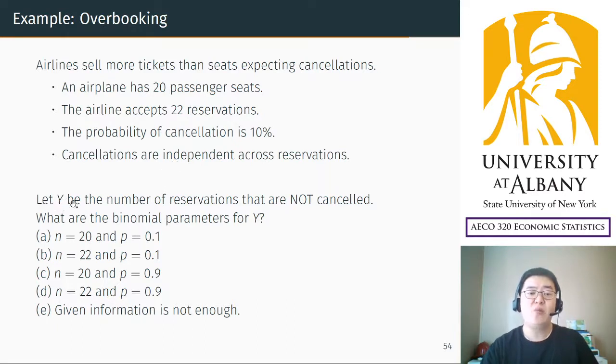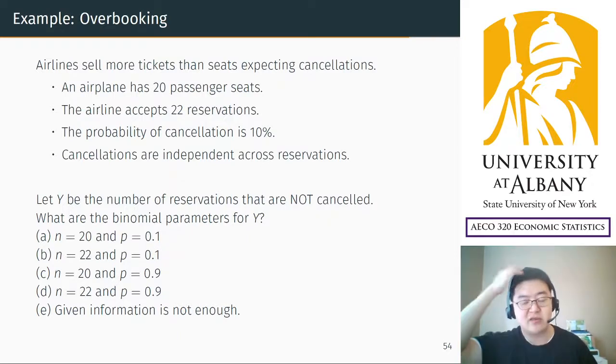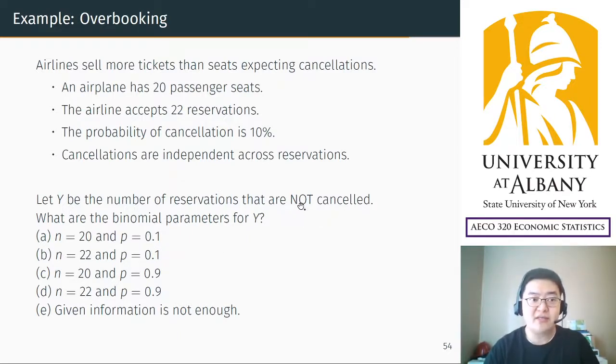As you clearly see from the assumptions, Y is a binomial random variable if we define it as the number of reservations that are not canceled. We define it this way because those passengers actually want to take the flight, who got the boarding passes. So you have to accept them and take them to the destination. We are interested in the number of passengers who actually came to the airport.